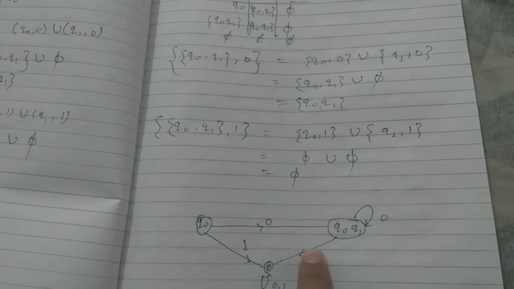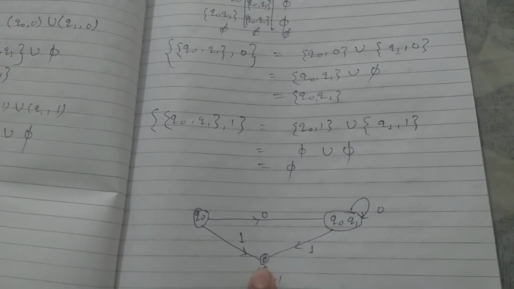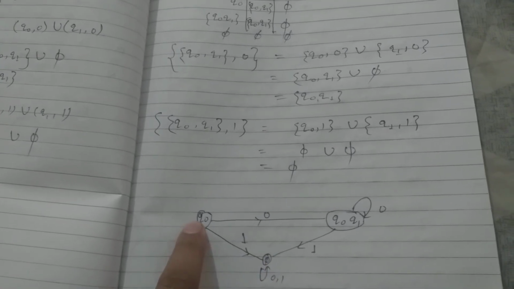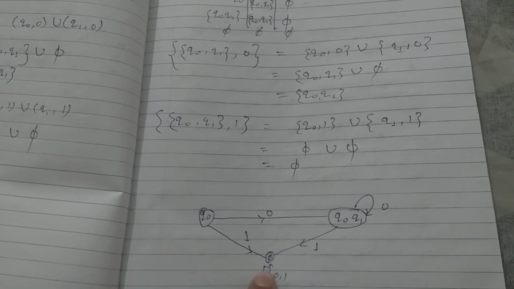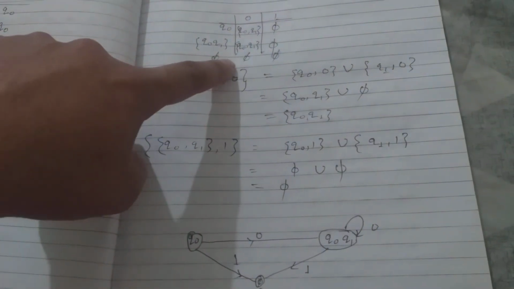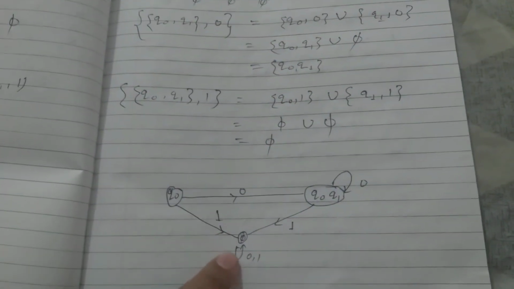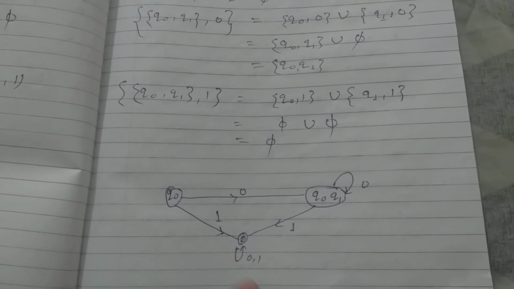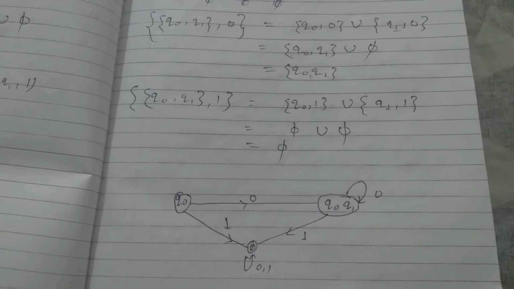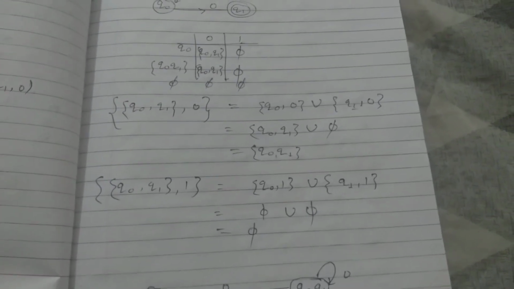And when given input as 1, it goes to a null state, that is phi. We have created a null state phi. And when q0 has 1 as input, it goes to phi. And when the phi state has 0 and 1 input, it goes to the same state. So this is the second problem that we have discussed.